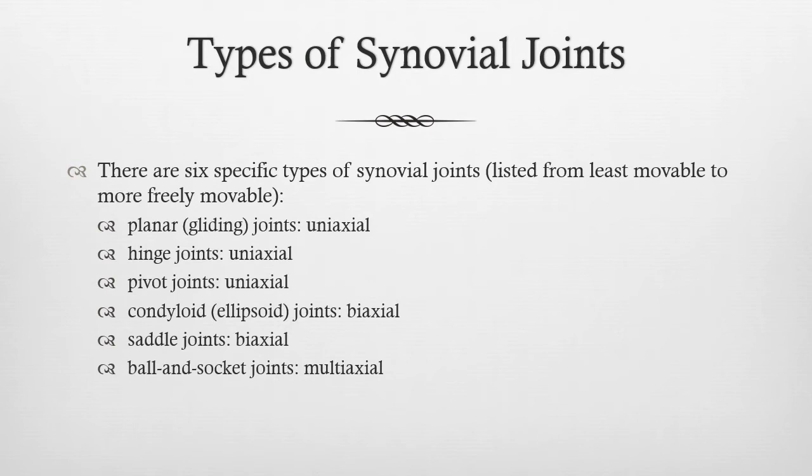This is kind of like putting two saddles together, so it can move forwards and backwards and side to side, like a universal type of joint. Saddle joints are similar to condyloid joints in terms of the structure that pulls them together. And then we have ball and socket joints, which are our multiaxial joints. These are the most movable of all the joints that we have.